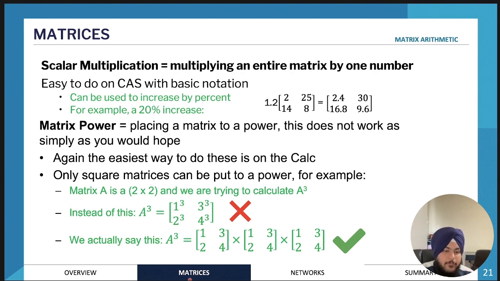If you remember back to the beginning of high school, 2 to the power of 3 is actually equal to 2 times 2 times 2. So if we're doing a matrix, for example A to the power of 3, that would actually be matrix A times matrix A times matrix A. Just really important, but most of the time this will all be done on your CAS. Just in case there's a question where you have to do it by hand, this is what it actually means.